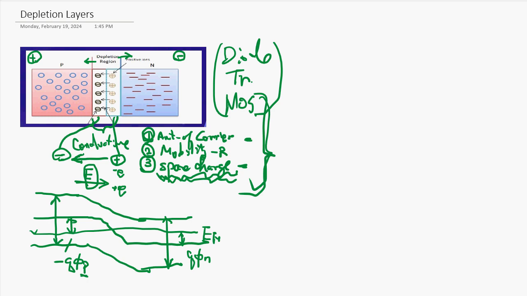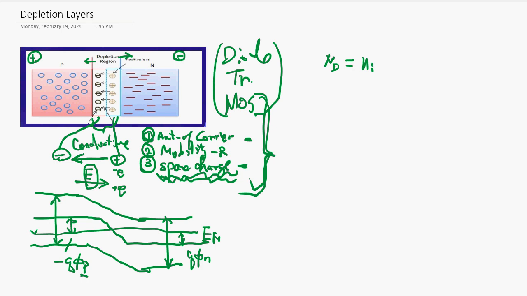And normally, the impurities for P and N are an order of magnitude different. So you take only one side, and this is the equation I wrote in the previous video.